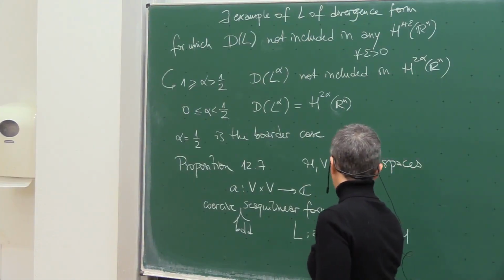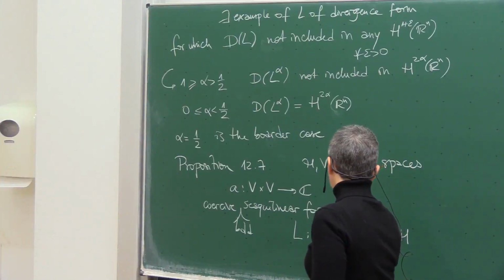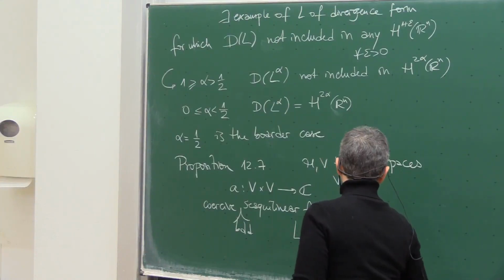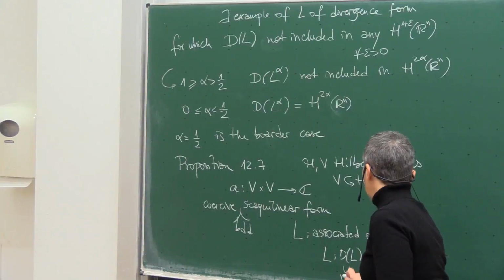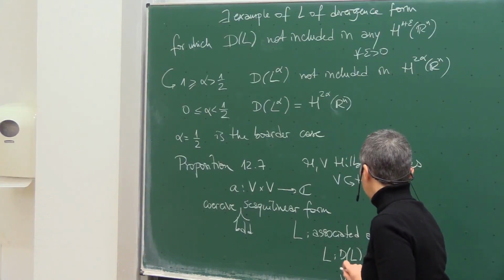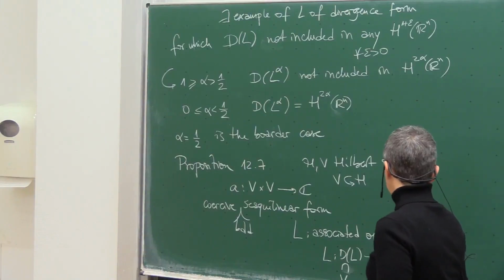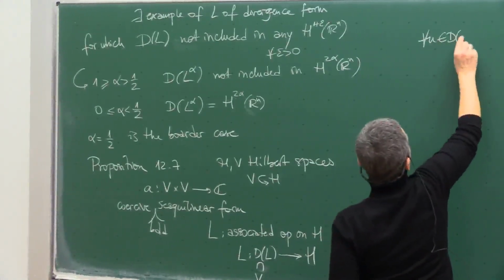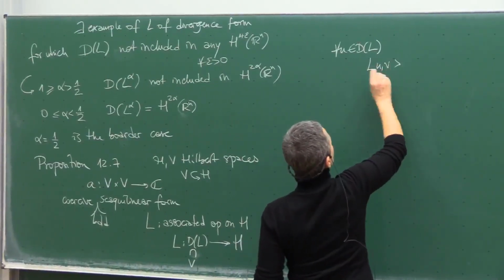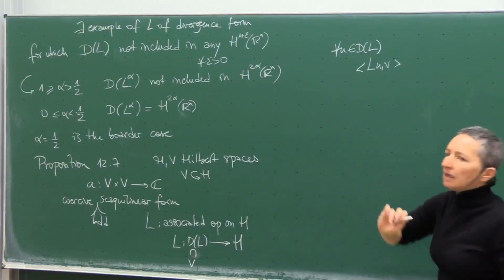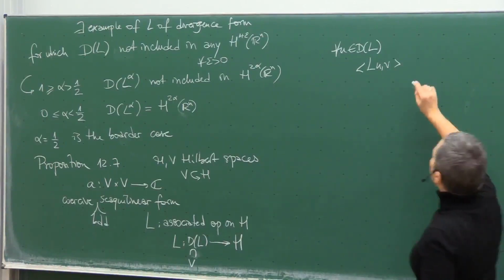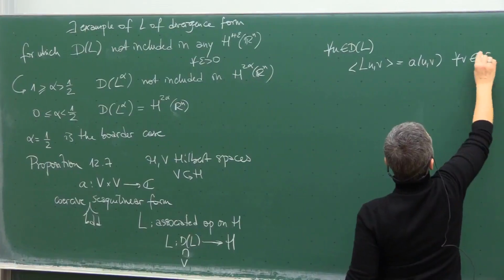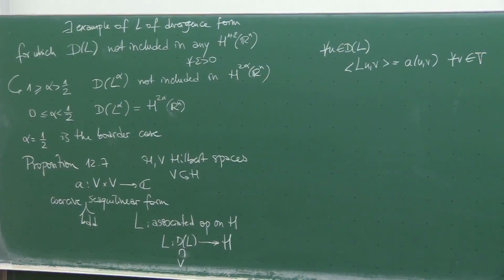So it means that L goes from its domain, which contains V, which is contained in V, sorry, in H, and for all u in the domain of L, what we have is that (Lu, v), the scalar product on H, is equal to A(u, v) for all v in V. I hope, is it the first?